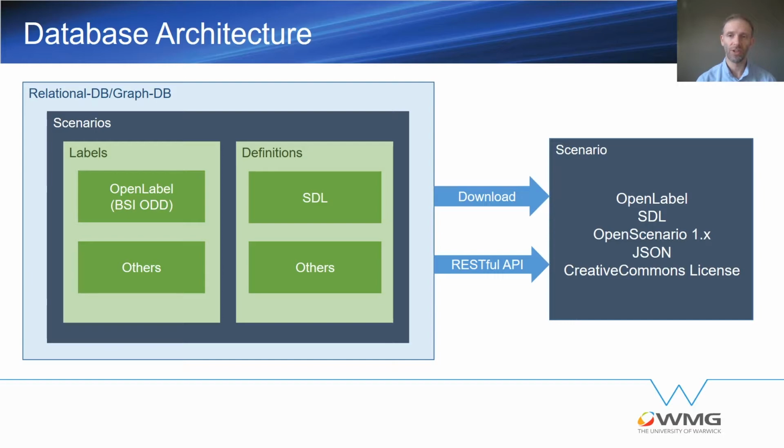Labels are retrieved using the Open Label standard, and the actual format of the files themselves are in JSON and will also adhere to the Open Label file schema that will be defined. Scenarios that are downloaded from the database that have been put into the public domain will be licensed under the Creative Commons license agreement, which means that the scenarios can be freely used.